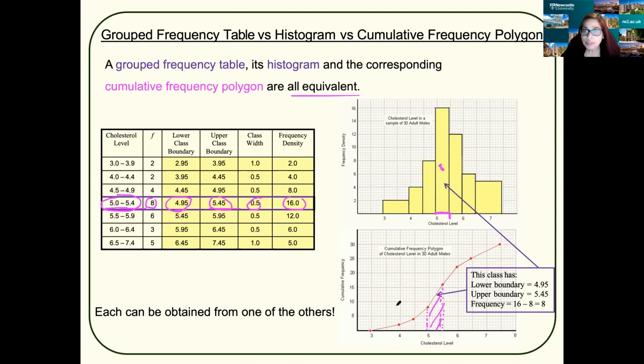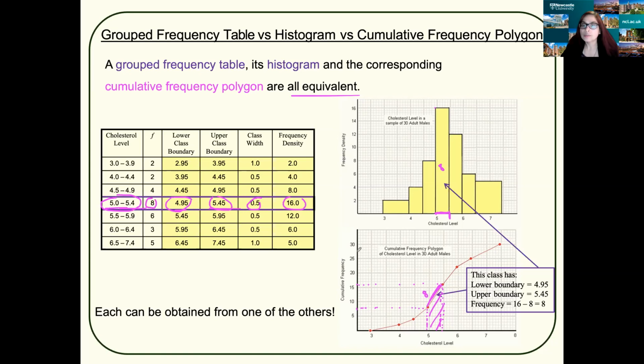This is cumulative frequency. That is 8, and here it is 16. So 16 minus 8, there are 8 data within this class. It's the same: 8 there and 8 here.